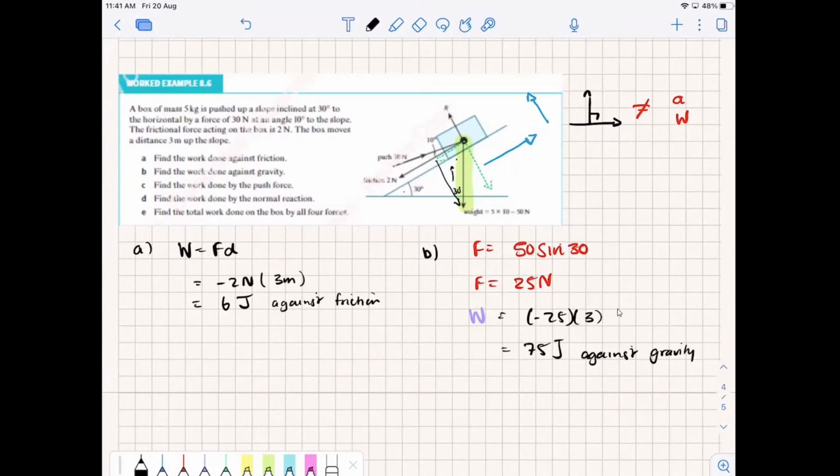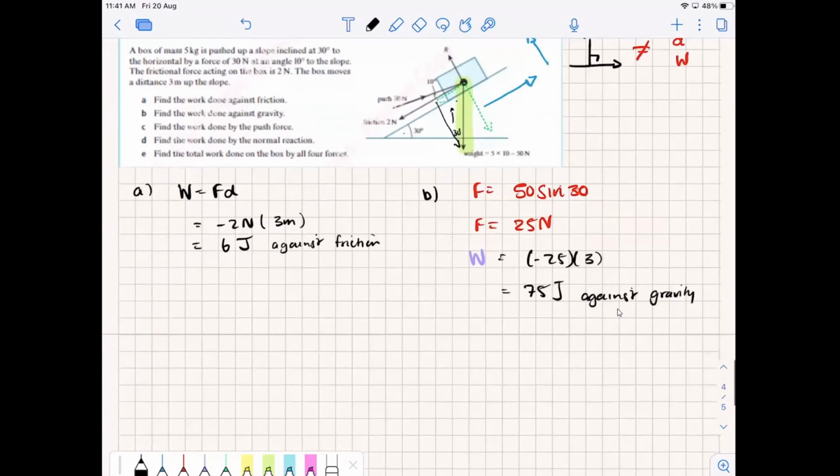Again, I know it makes me angry too that we can't just call it a vector. It should just be a vector, right? But when we look at potential and kinetic energy, it will make more sense why work is not negative. Because energy is a scalar quantity as well.